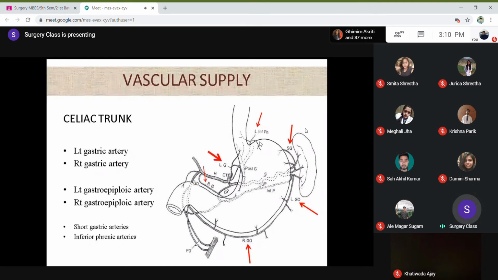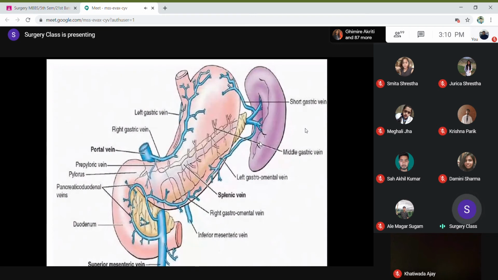If you see the venous drainage, you can see here the short gastric veins, which drain into the splenic vein. You can see the splenic vein coming all the way, and the inferior mesenteric vein draining into the splenic vein, and it will finally combine with the superior mesenteric vein and form the portal vein.